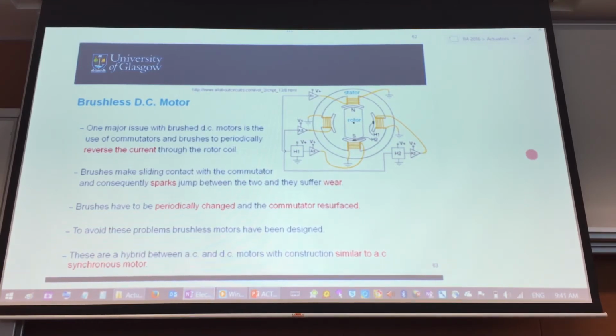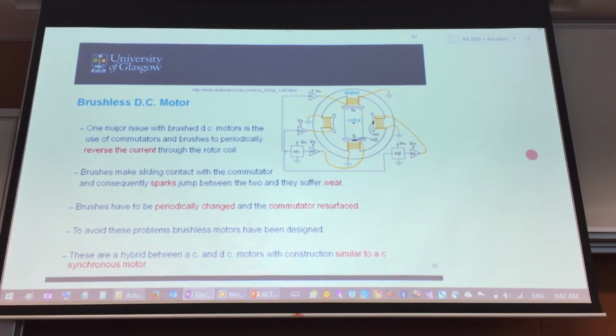Also, even though it's made of carbon and the commutator can slide over it smoothly, you experience some friction as well. This is undesirable. Another undesirable thing about the brushed DC motor is that if you want it to run at high velocity, you have to supply a higher voltage to it. You'll quickly find that you will heat up substantially. That's one of the drawbacks of a brushed DC motor.